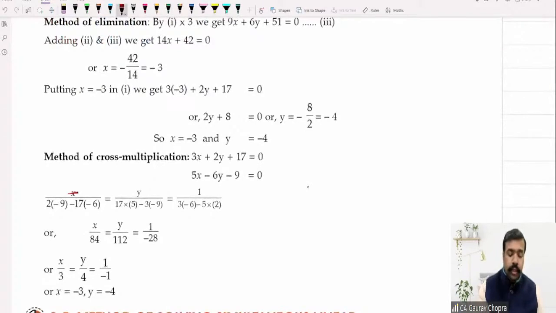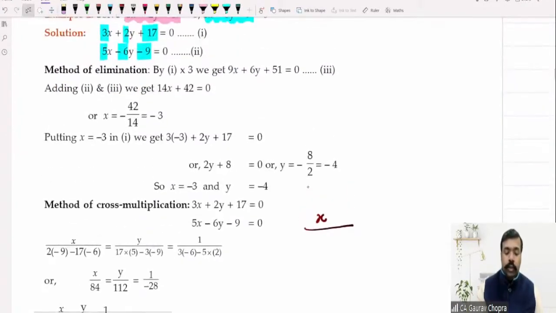So see, we have done x divided by b1 c2 minus b2 c1. Now what was b1? b1 is 2 and c2 is minus 9, minus b2 c1, so minus 6 multiplied by 17.